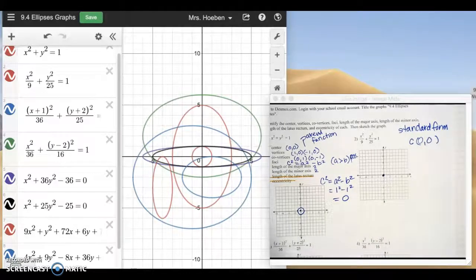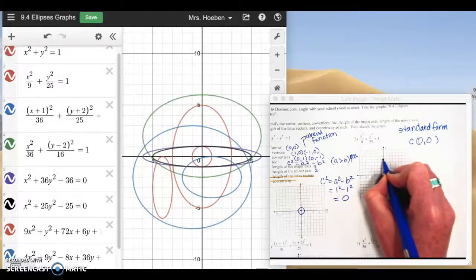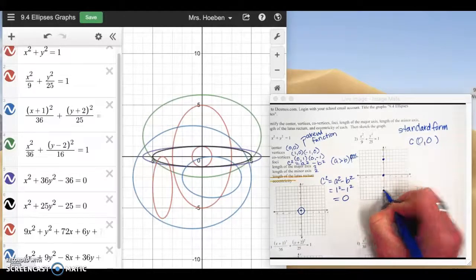Which one is your major stretch? Up and down, what we call a vertical stretch. How many units did you go up and how many did you go down? 5. So if you go up 1, 2, 3, 4, 5, put a point. Down 1, 2, 3, 4, 5, put a point.